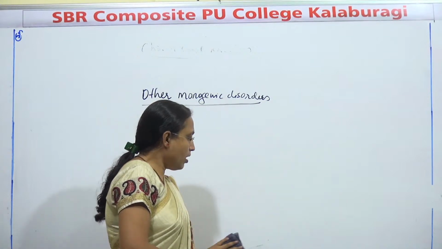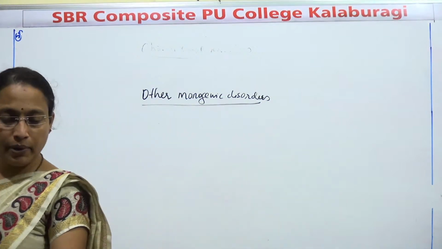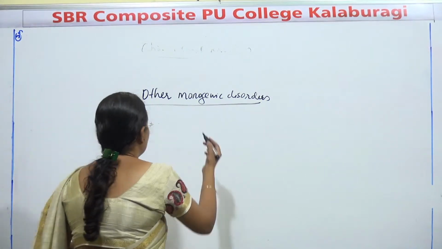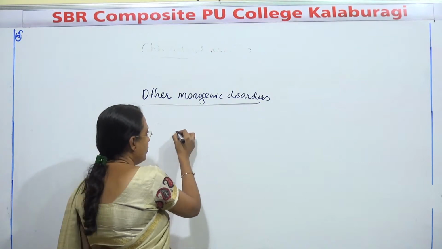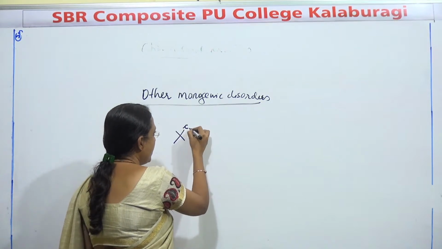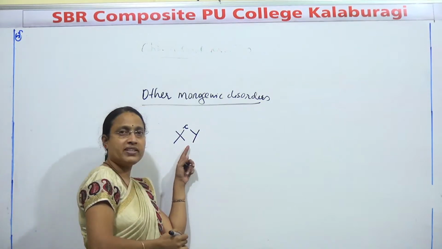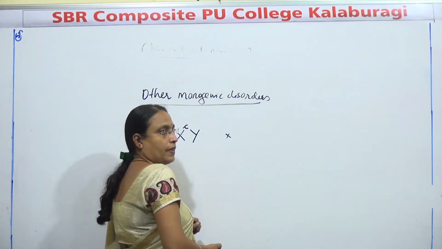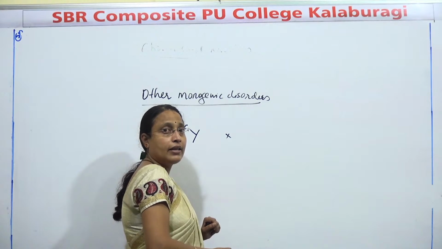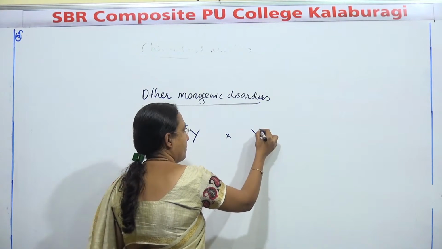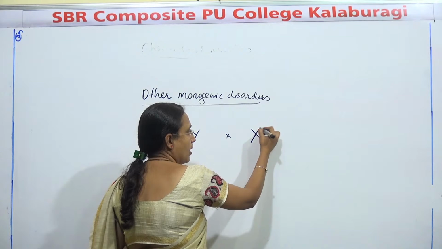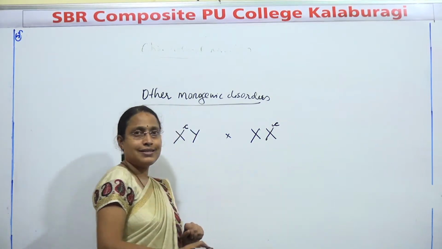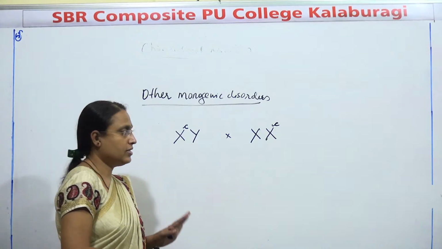Now, a problem can be taken. A colorblind man, represented like this, marries a carrier woman. Carrier woman means one X chromosome is normal, and another X chromosome carries the recessive disease gene.